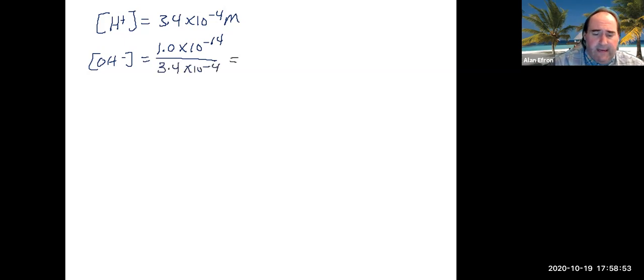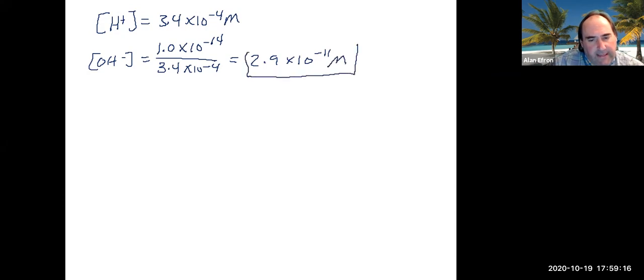And when we do that, we want to go 1, exponent button, minus 14, divided by 3.4, exponent button, minus 4. And it looks like we end up with something like 2.9 times 10 to the minus 11. Since this is a concentration, we would want to put molarity at the end of that.